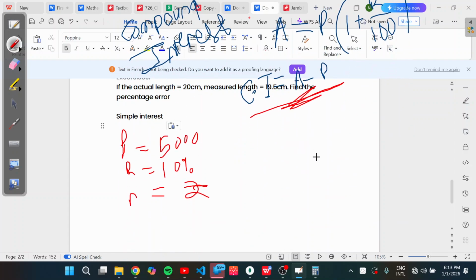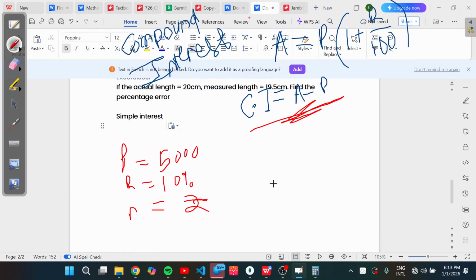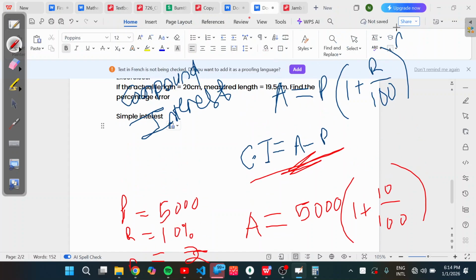Keep a good eye on this because I'm not rewriting it again. So the amount is equal to 5,000 naira, the principal, then 1 plus the rate, which is 10, all over 100, raised to the power of 2. Don't forget the n.